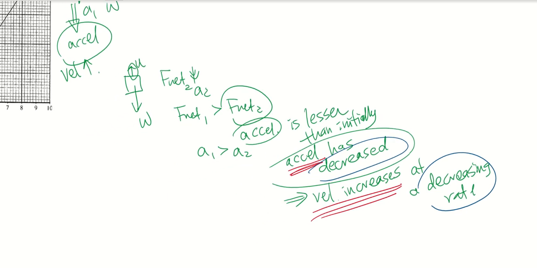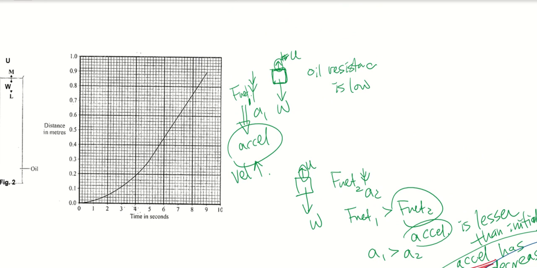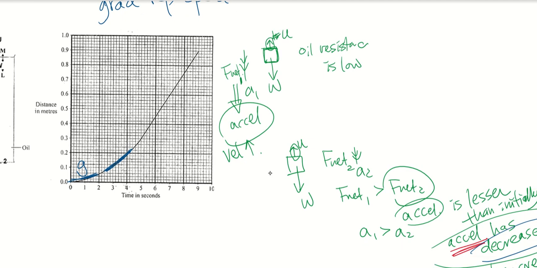And this is what you can see from the distance time graph. Look at this distance time graph. What does it mean? The gradient represents speed. Okay, so initially the gradient here is gentle. Then along the way, it becomes steeper.